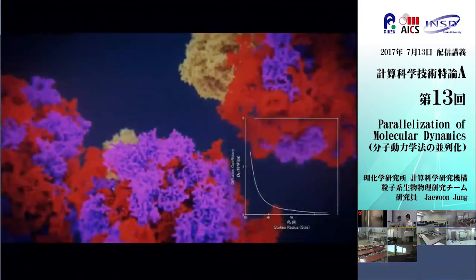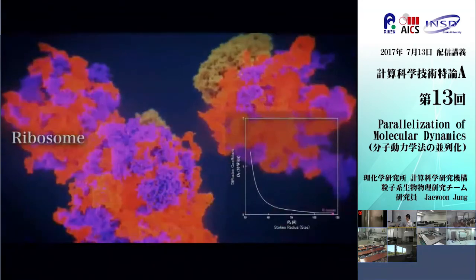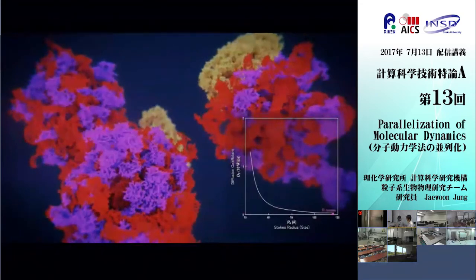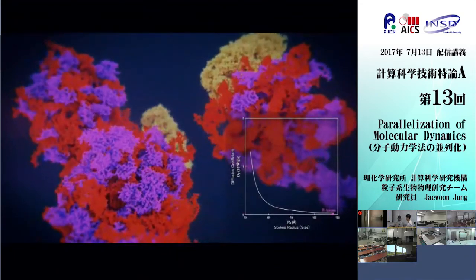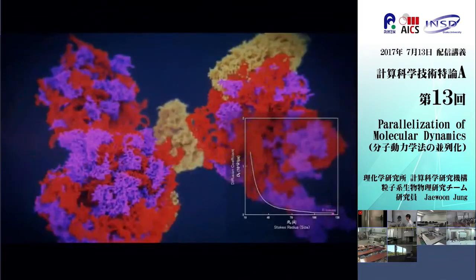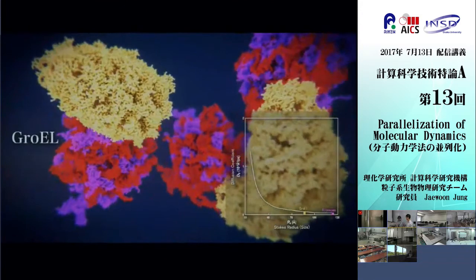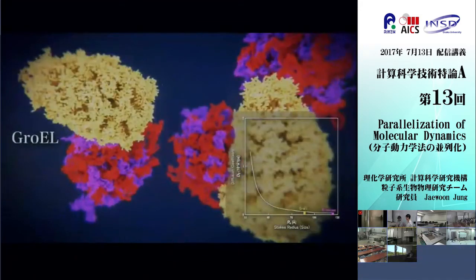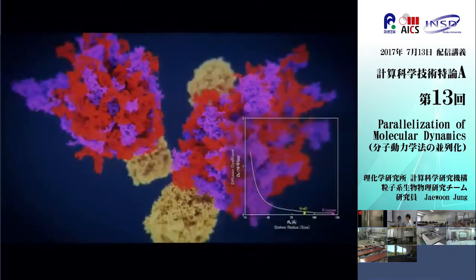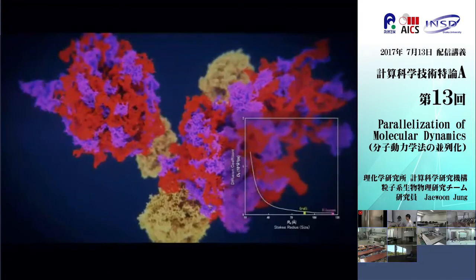This is a ribosome, composed of RNA and proteins, the factory that synthesizes proteins from amino acids. These barrel-shaped proteins are molecular chaperones, called GroEL, that fix misshapen proteins. Giant complexes such as these hardly move at all under the conditions of the simulation.